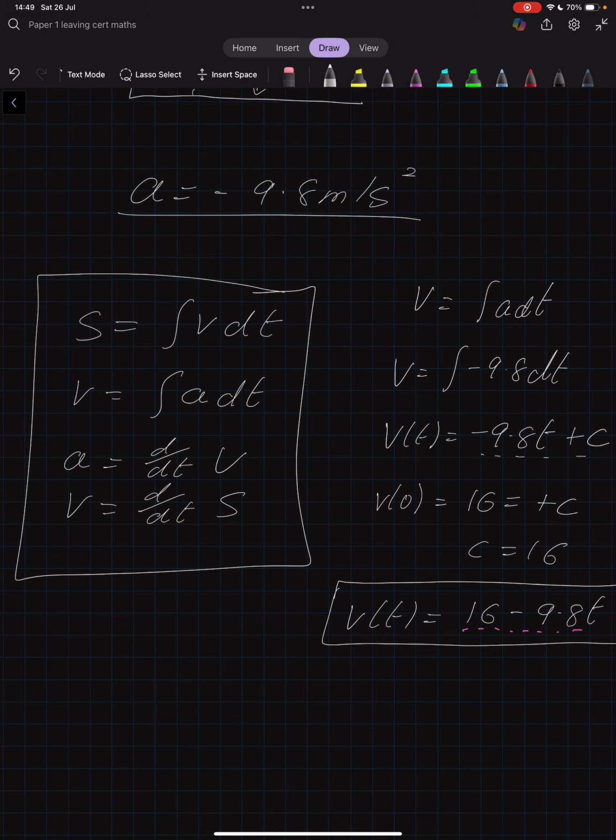And then displacement, S, that's basically as the crow flies, where are you? So if I walk 10 paces forward and 10 paces back, my displacement is 0, because displacement is like, where were you? Where are you now?